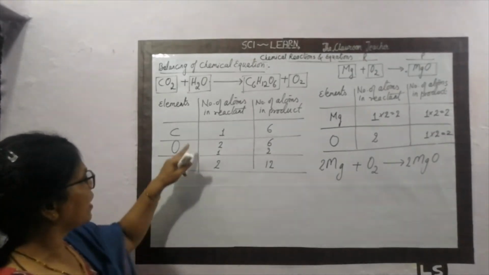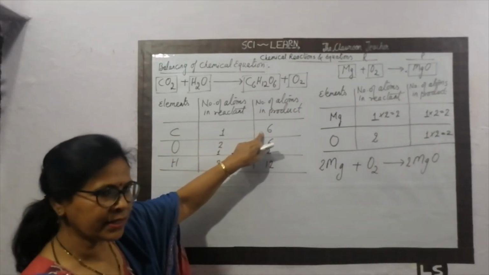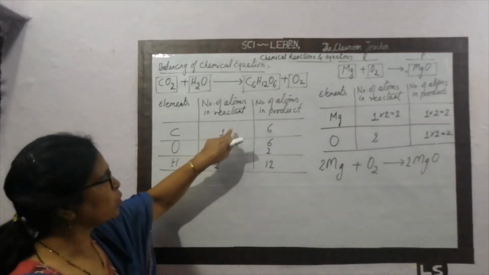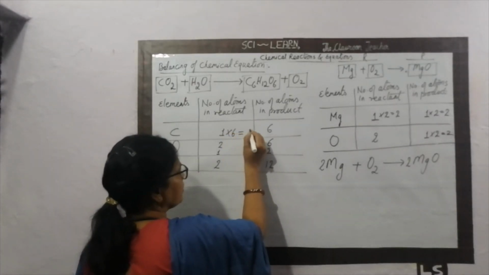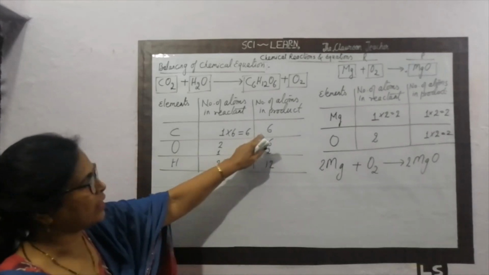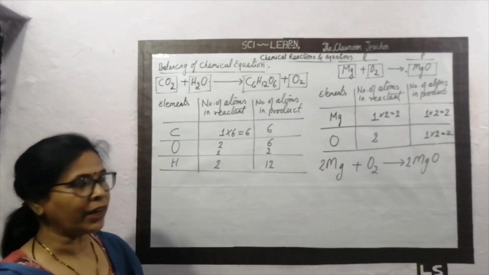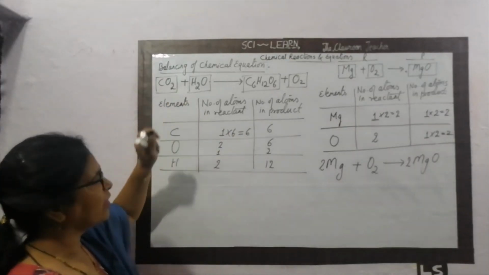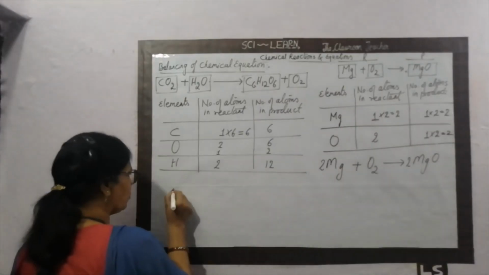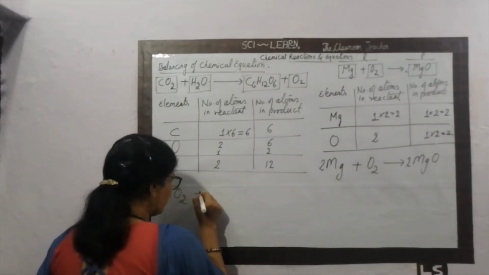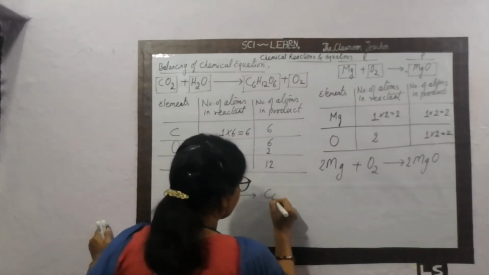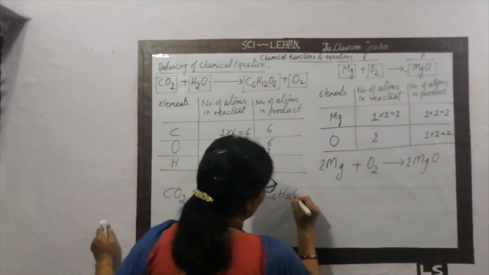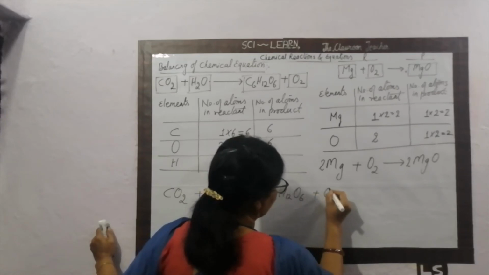Now first, the carbon is 1, here the carbon is 6. Now how can we convert this 1 into 6? That is simple, multiply with 6. Now 6 is equal to 6. And you know where the 6 is placed here in the equation. I am going to write it again. CO2 plus H2O gives C6H12O6 plus O2.